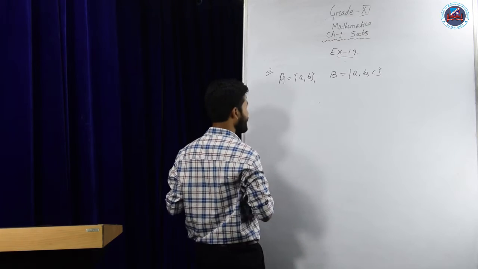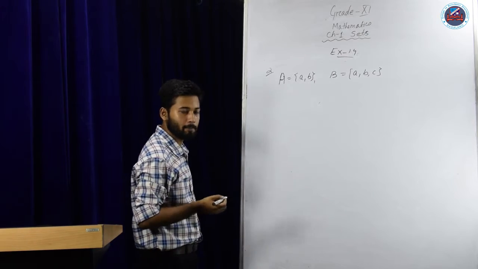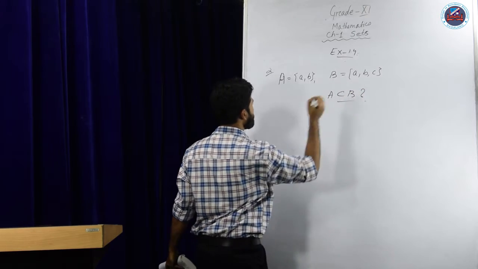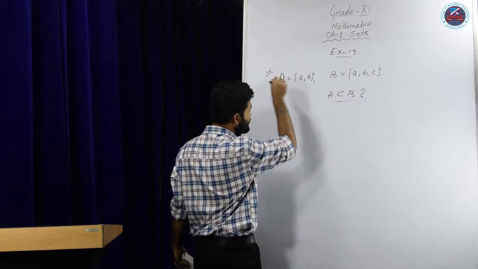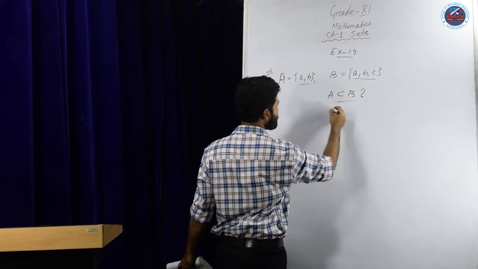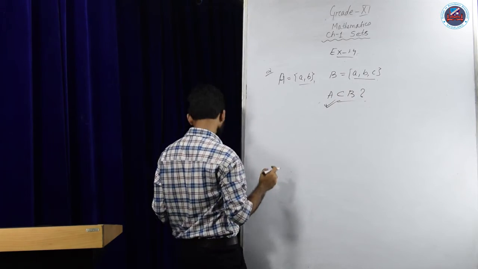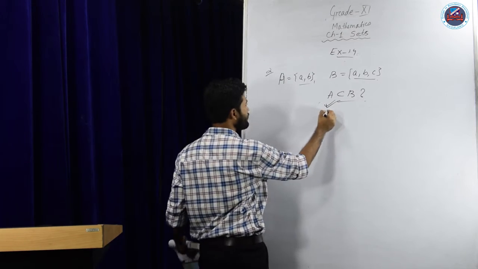The first question is, is A a subset of B? You can check clearly here, A is given {a, b} and B is {a, b, c}. So yes, it is a subset of B, isn't it? All the elements of A are in B. Next, what is A union B?